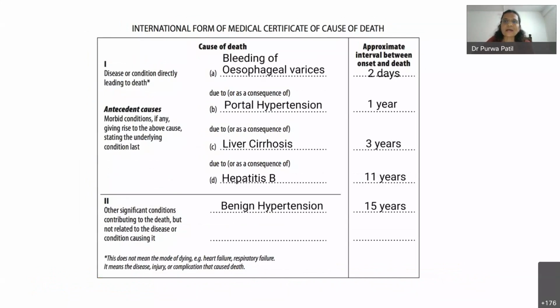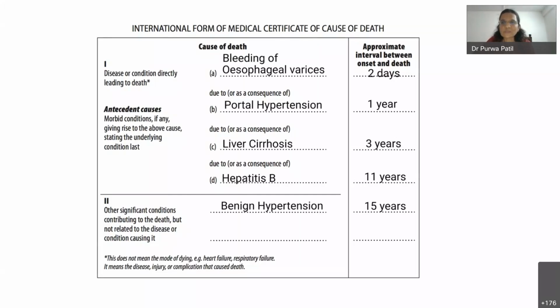The main, underlying cause was that the patient was suffering from hepatitis B, and this we came to know by going through the notes, and of course the microscopy which was showing the chronic hepatitis changes. So we have to sit and write out this sequence of events, the CPC, and explain it while we are writing the death certificate.